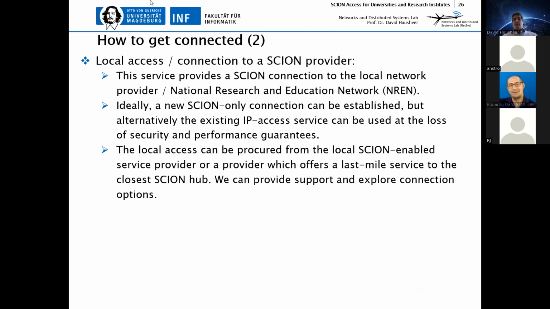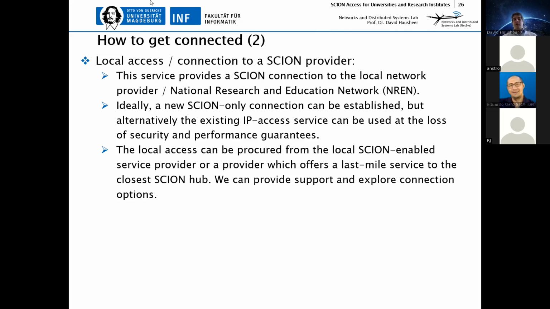So that's basically what is necessary. So a SCION connection to the local network provider, an NREN that is able to terminate the SCION connection. Ideally, this comes as a SCION-only connection.